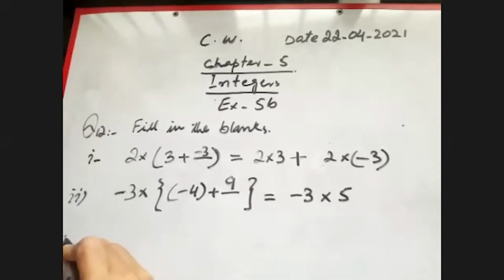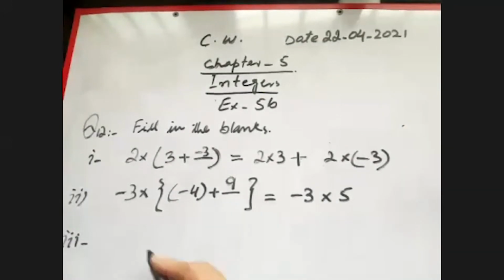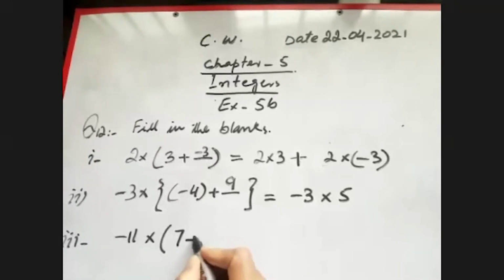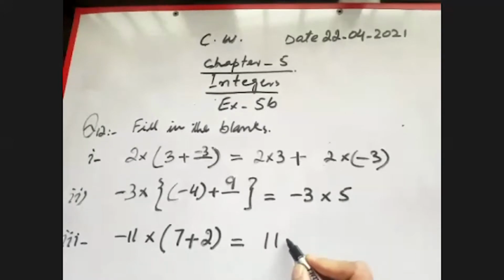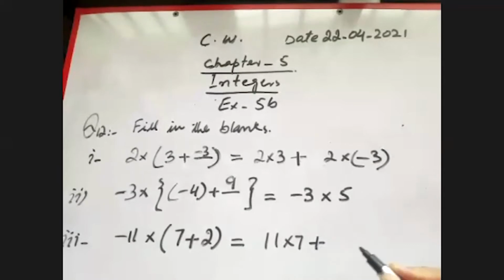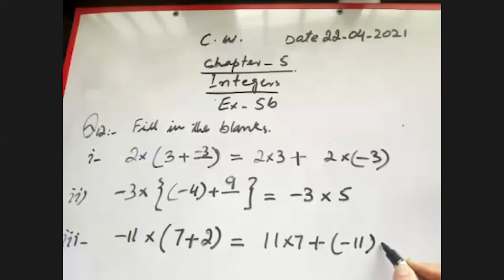Third part: minus 11 into, in the bracket, 7 plus 2, again the distributive property, equals minus 11 into 7 plus minus 11 into dash.